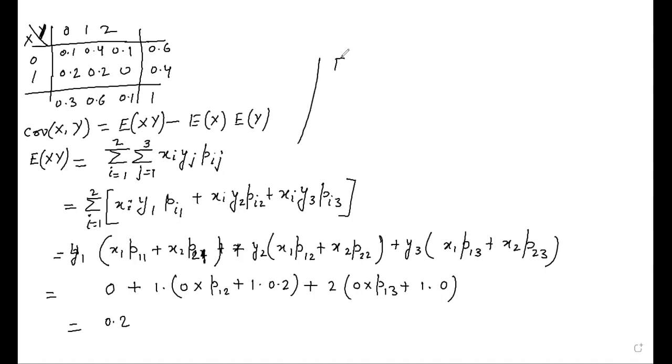Now let's come to the expectation of X. This is the summation over i of xi pxi, with i varying from 1 and 2: x1 px1 plus x2 px2. x1 is 0, so this part is 0.